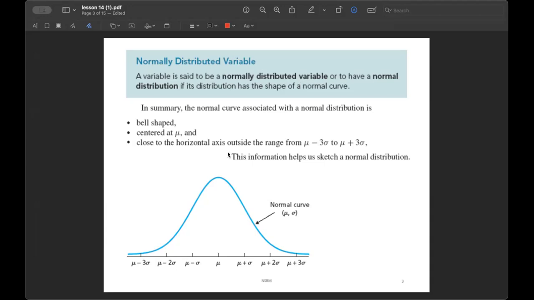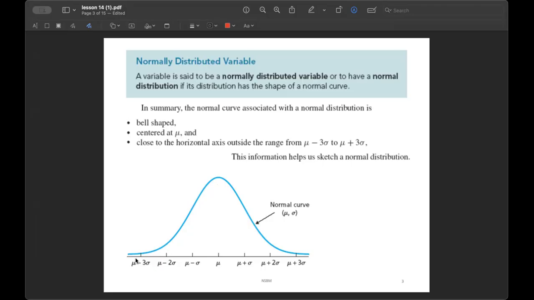It should be centered at the mean, mu. You can see the graph centered at mu, and it is also close to the horizontal axis outside the range from mu minus 3 sigma to mu plus 3 sigma. Here mu is the mean of the distribution and sigma is the standard deviation.